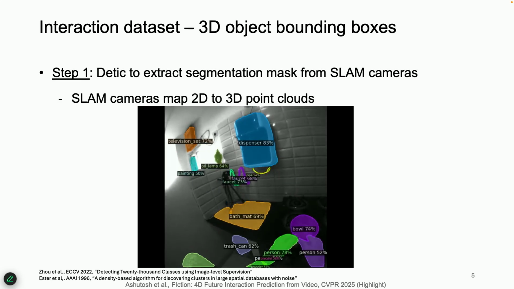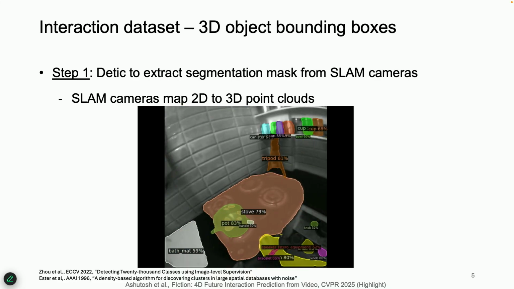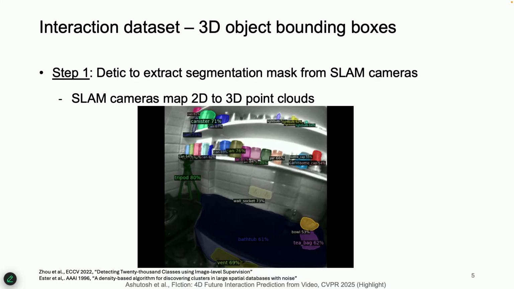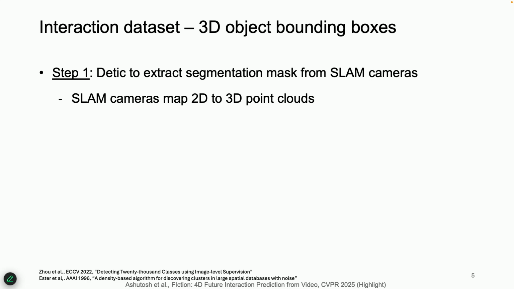So the first step is these 2D SLAM cameras. We use DETIC, which is a state-of-the-art object segmentation method, to extract segmentation masks from SLAM cameras, and then we use these SLAM cameras to map from 2D to 3D point clouds.